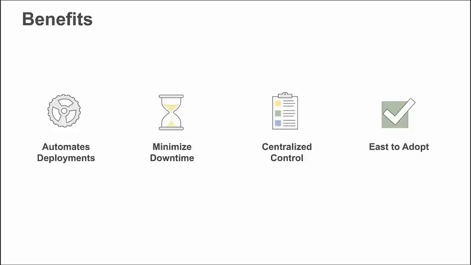AWS Code Deploy also allows you to easily launch and track the status of your deployments through the Management Console or the AWS CLI. You get detailed reporting, allowing you to view when each application revision was deployed and to which instances. Finally, our management console and tooling makes it easy to adopt.